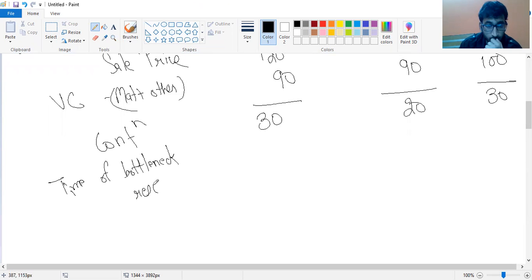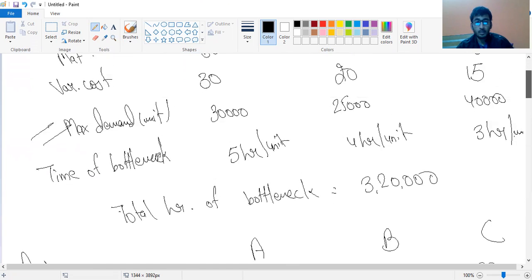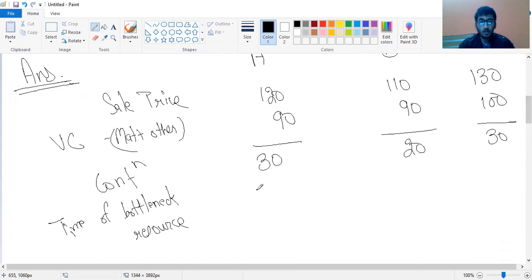It is 5 hour, 4 hour and 3 hour. That is, for manufacturing 1 unit of A, you require 5 hour of bottleneck resource. For manufacturing 1 unit of B, you require 4 hour. And for manufacturing 1 unit of C, you require 3 hour of your bottleneck resource.